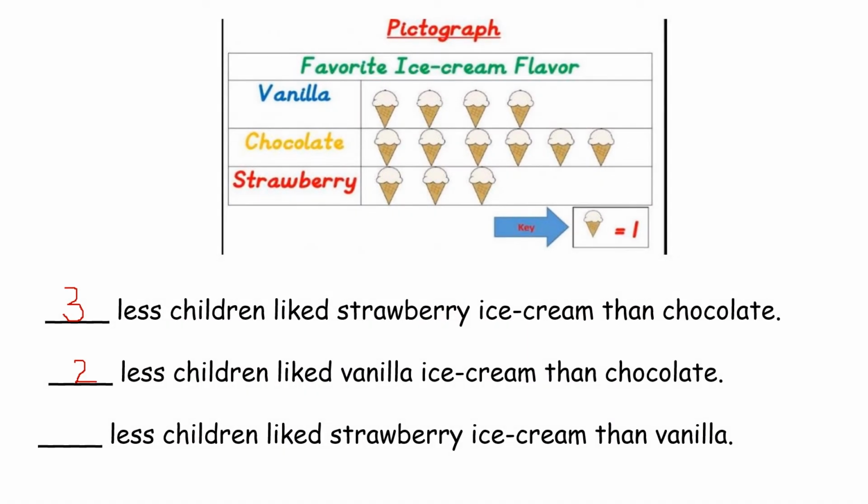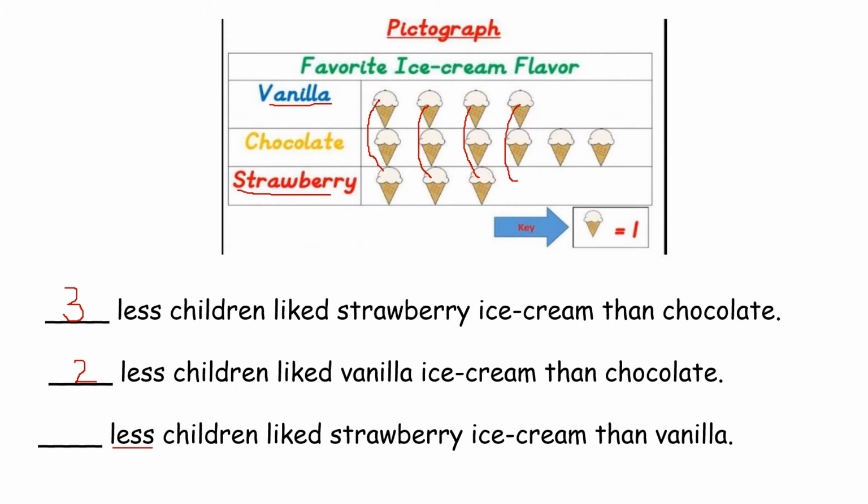Now we are going to look at how many less children like strawberry ice cream than vanilla. So we are comparing strawberry and we are comparing vanilla. And to figure out less, remember we are looking at the missing ice cream cones. So we're going to match this one with this one, this one with this one, this one with this one, and then this one with an imaginary one here.